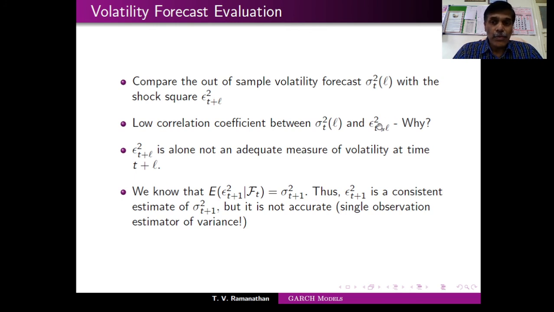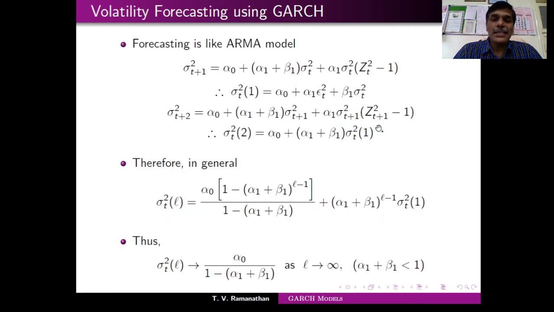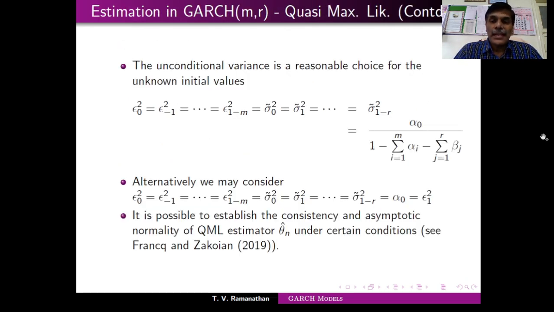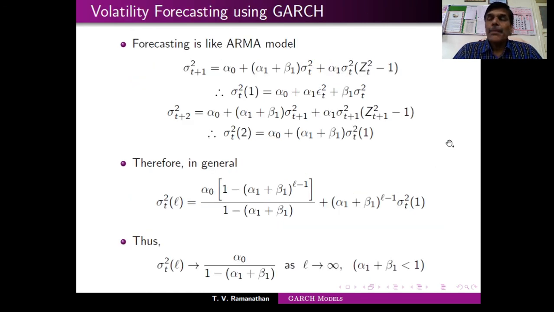So you may think, why not just take this? That's where the significance of GARCH comes, because if epsilon t plus 1 square were the only thing, then this is going to be irrelevant. But that is not the case, because for volatility, whatever the error that happened is okay, but something more happens in between, so that volatility accumulates.